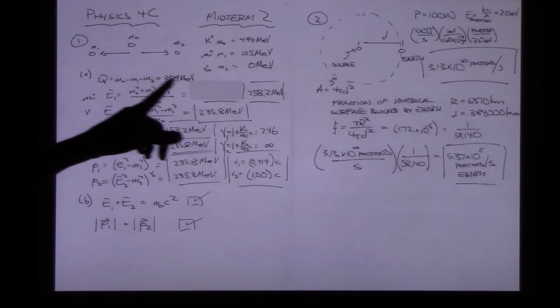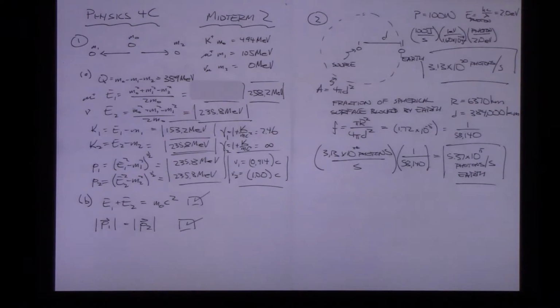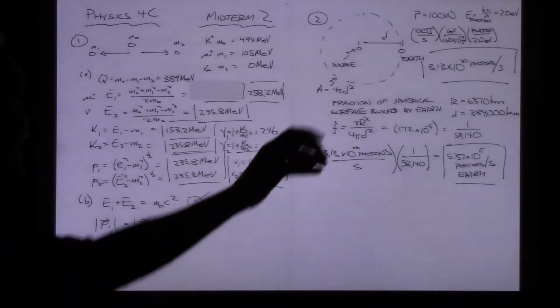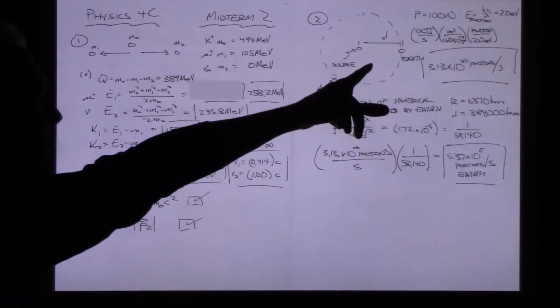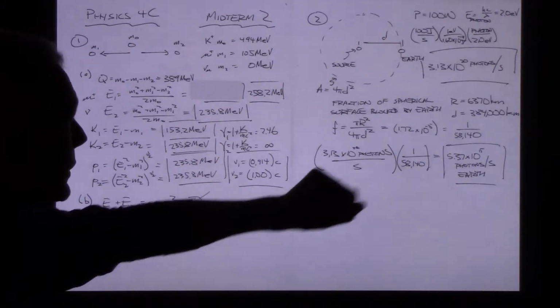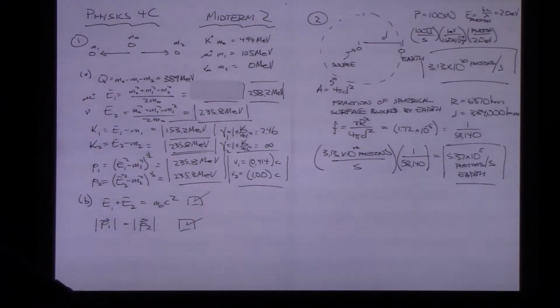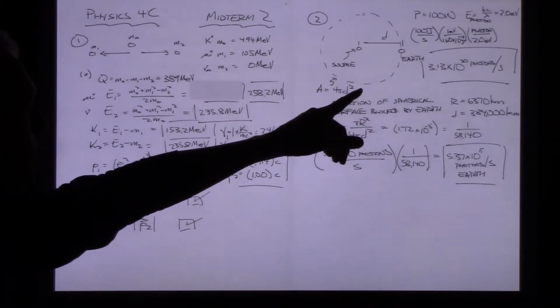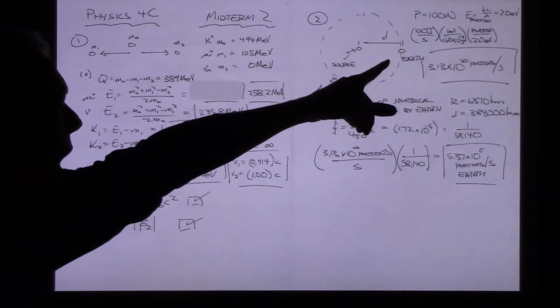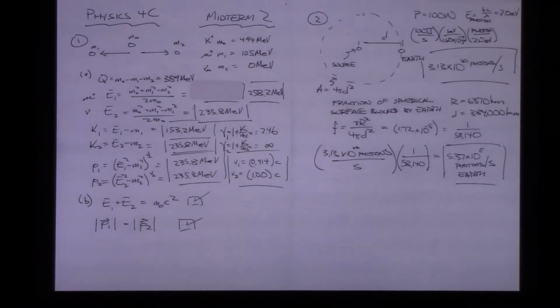So here's problem two, and what problem two is showing here is that we have a light bulb out in space somewhere at the distance of the moon, so 384,000 kilometers, and we're going to be here located on Earth and ask how many photons are going to be reaching Earth from that one light bulb sitting out in space far, far away.